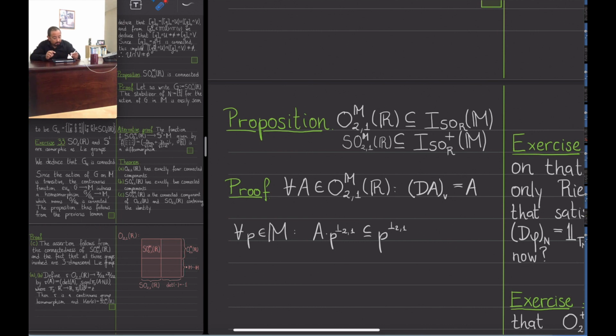Why? Because it preserves Minkowski's product. So if something is orthogonal to a point in M, its image is also orthogonal with respect to Minkowski's form.